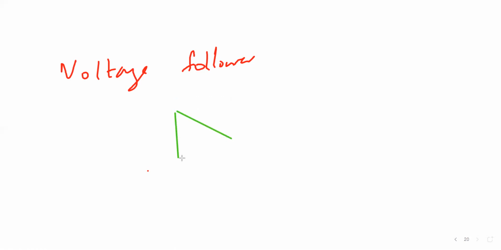Only for you I'm drawing this neatly. You should tell me what kind of amplifier this is. This is my input voltage Vi, and I'm putting the minus and plus.